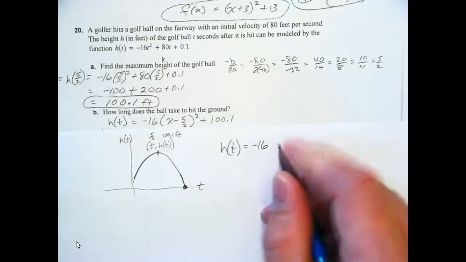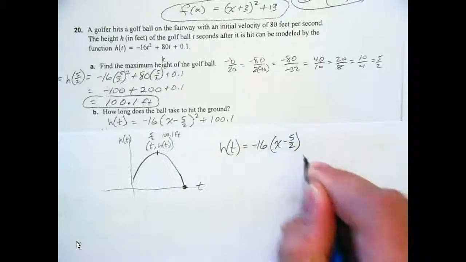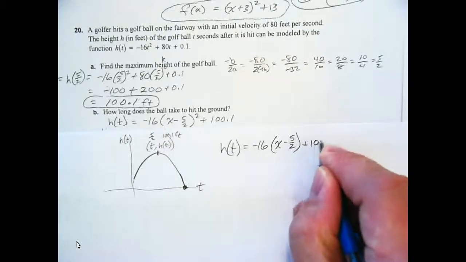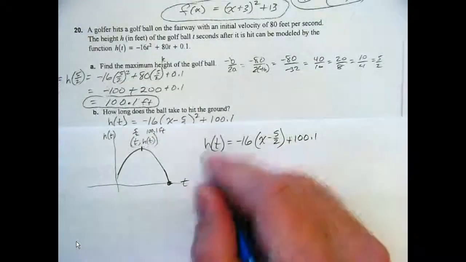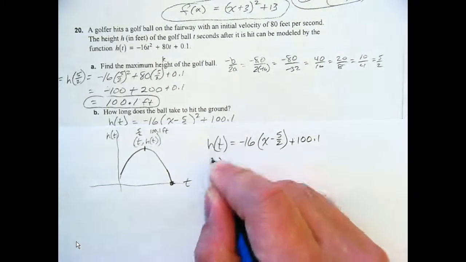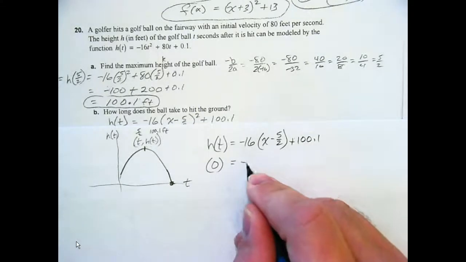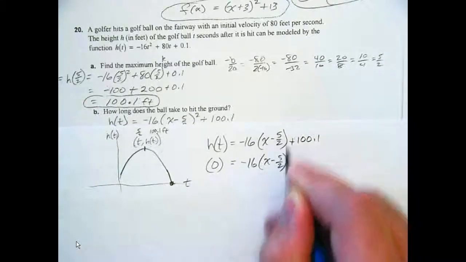My a stays the same, x minus 5 halves. That's my h term, and then my k term is plus 100.1. And then to solve, I plug 0 in for h of t. So I want to know when my height is at 0. That's going to give me my x-intercepts. And I think I forgot the square there.